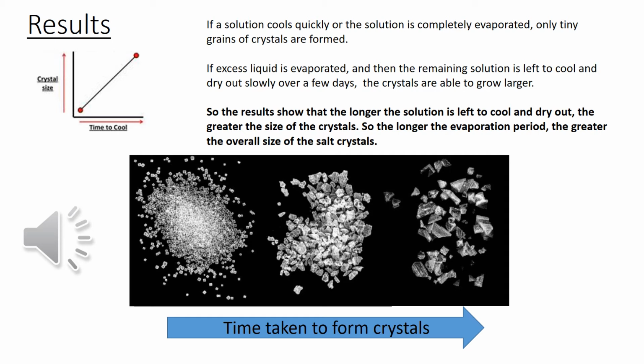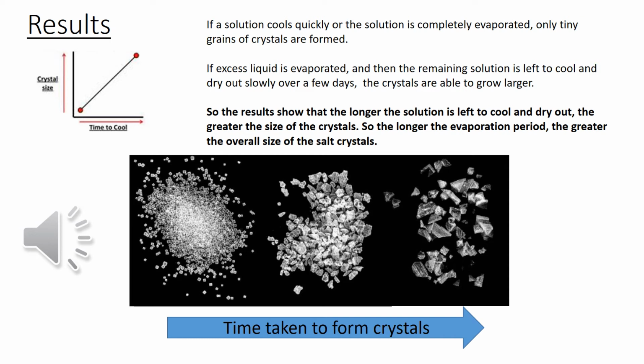There's no numbers on this graph, but it basically shows you that as the time of cooling or evaporating the water carries on, the size of the crystals of the salt increases. If a solution cools very quickly, that means it evaporates quickly and only very tiny grains of crystals are formed.